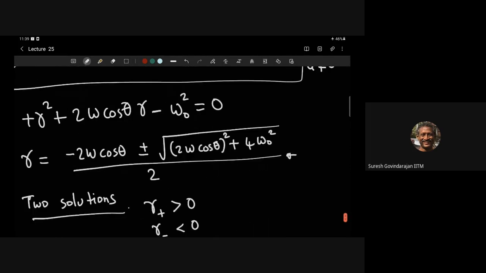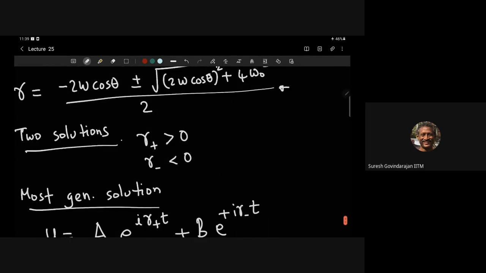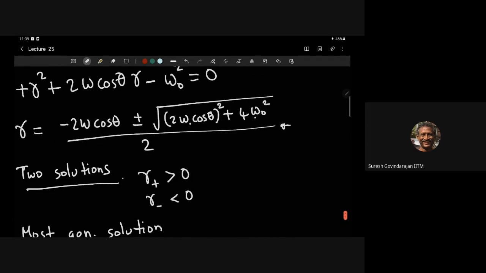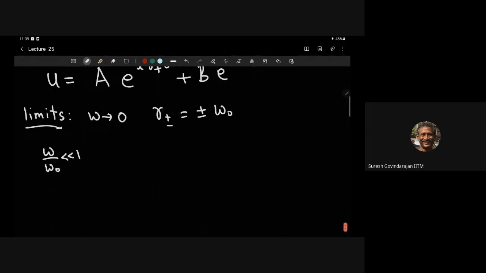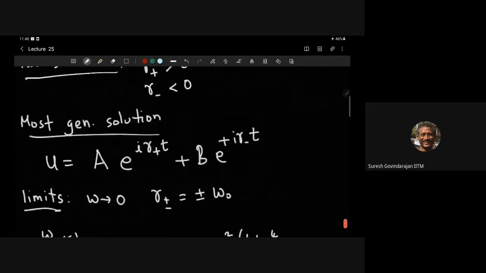So coming back to this, what it says is this term is much smaller than this, so we have to look at gamma, which would be minus omega cosine theta plus omega naught squared into 1 plus 4 cos theta.